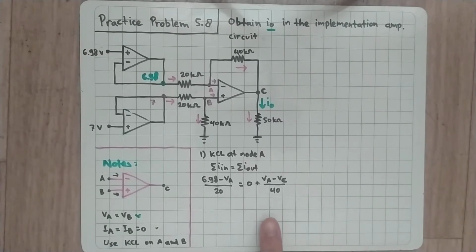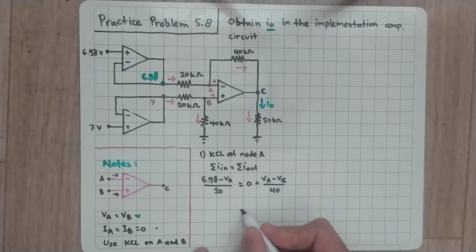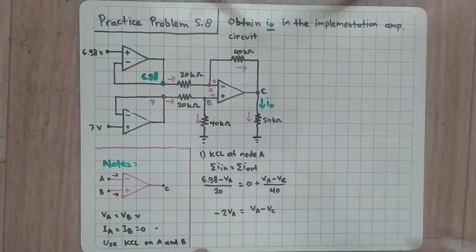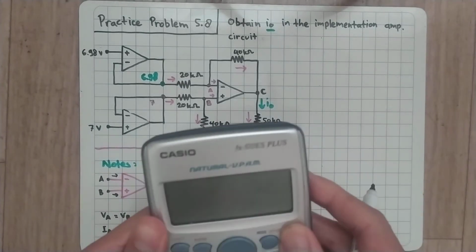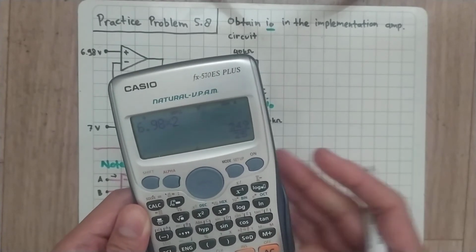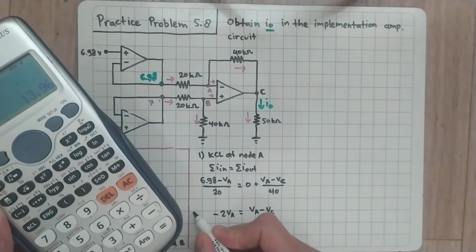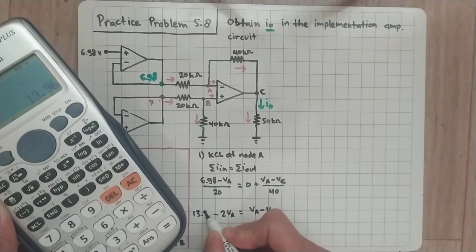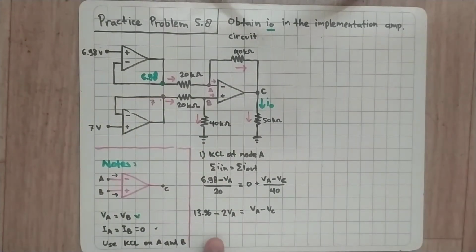Okay, now let's simplify this by multiplying both sides by 40. So the right hand side will become VA minus VC, and the left hand side becomes minus 2VA, and 6.98 multiplied by 2 is 13.96.